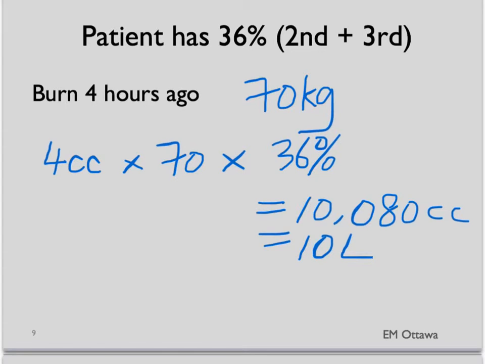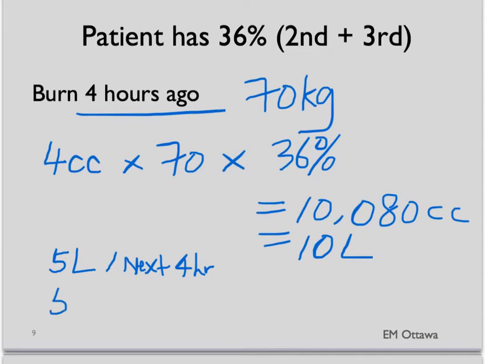So remember, he was burned 4 hours ago, so we're kind of behind by 4 hours. So the first half of this 10 liters, therefore 5 liters, we need to give it in the next 4 hours. So it ended up being about a bit more than a liter per hour.